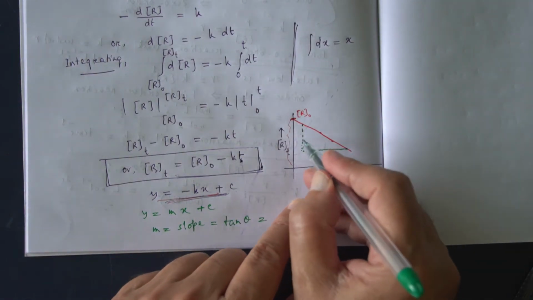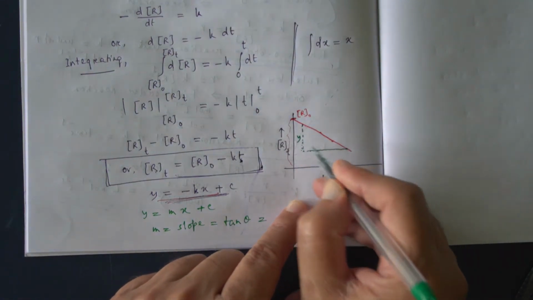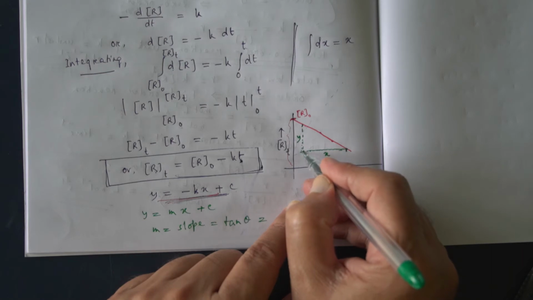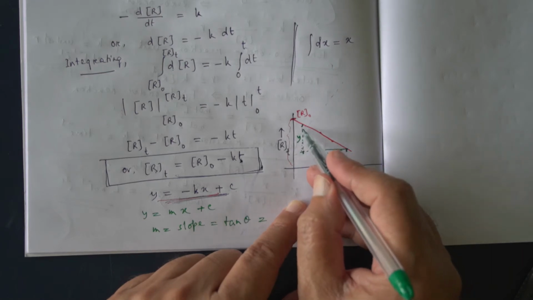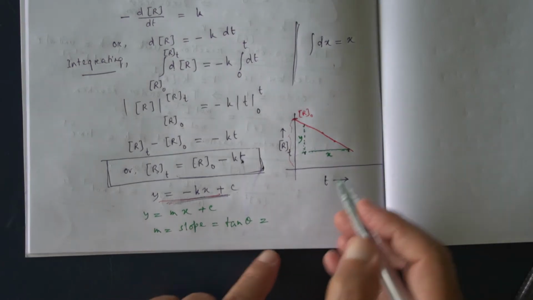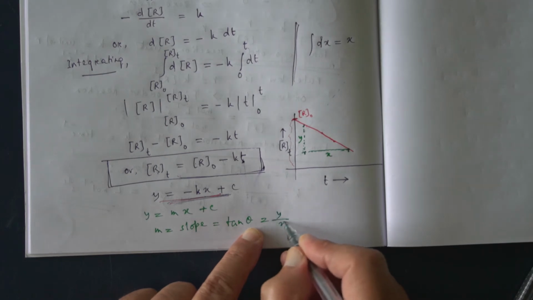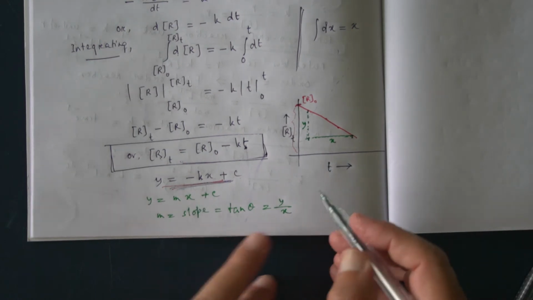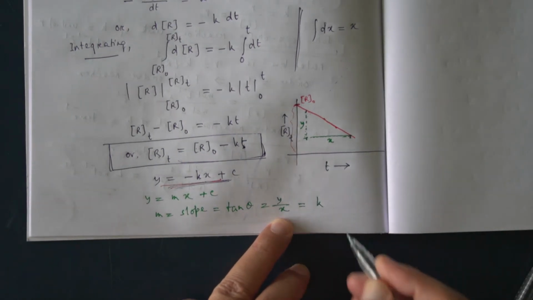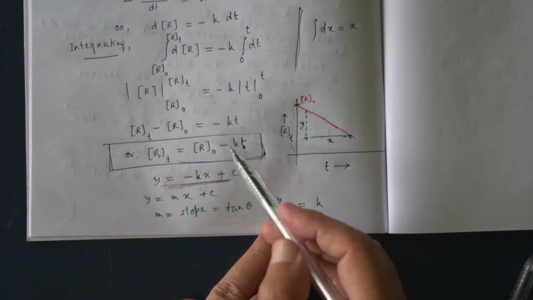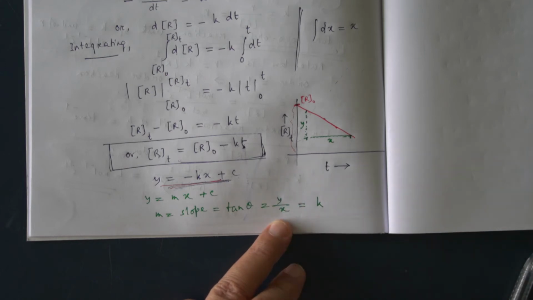Okay, this is y and this is x. So tan theta will be equal to y by x. So you can find out the slope. And here slope means it is k. That means you can find out the rate constant, the value of the rate constant.